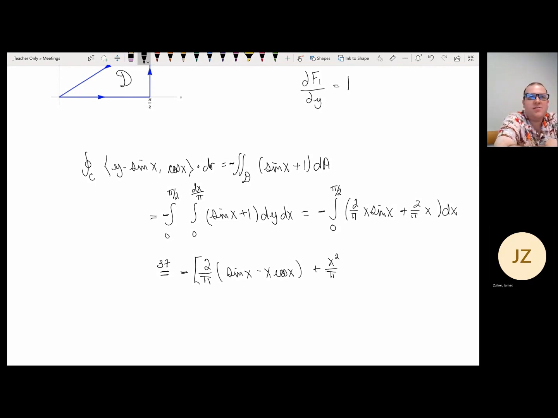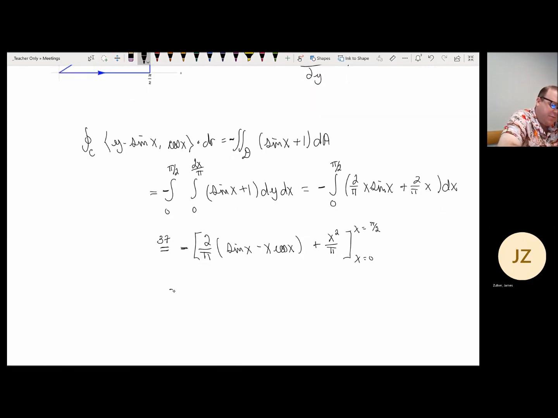And then obviously that second one, 2 over pi times x, is simple, x squared over pi. Evaluate that from 0 to pi over 2. Negative 2 over pi plus pi over 4.